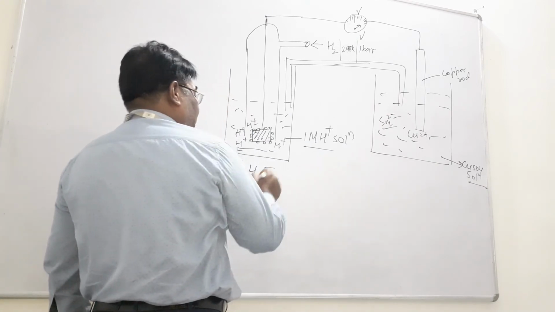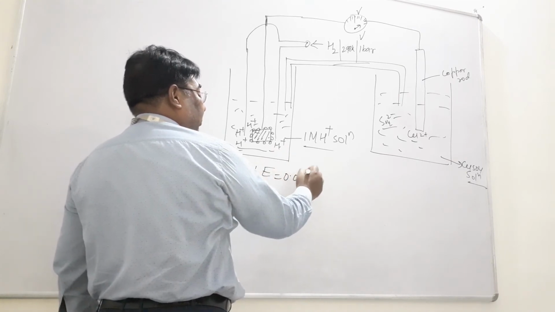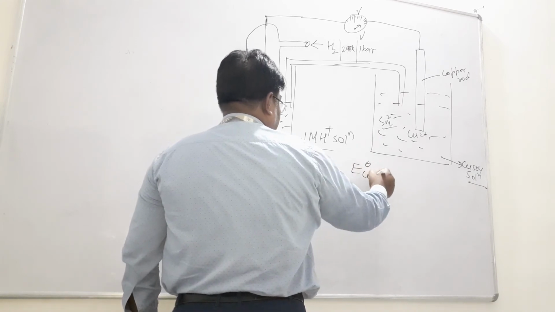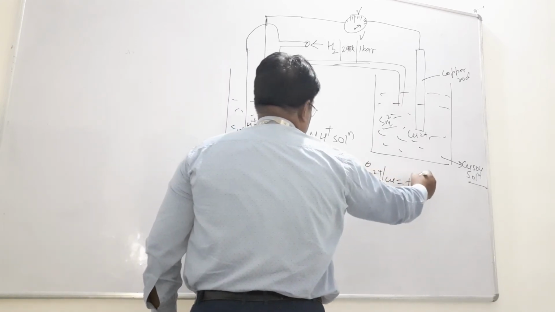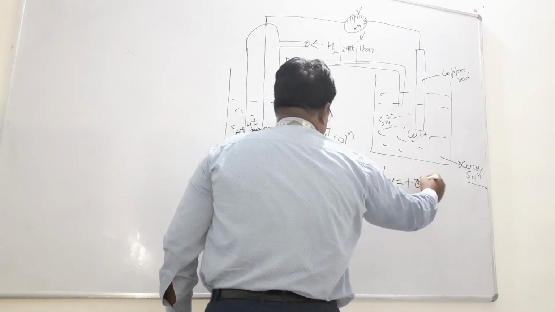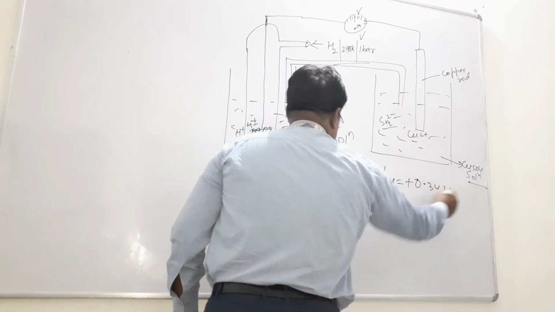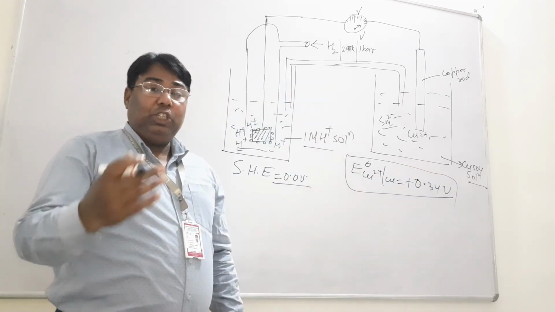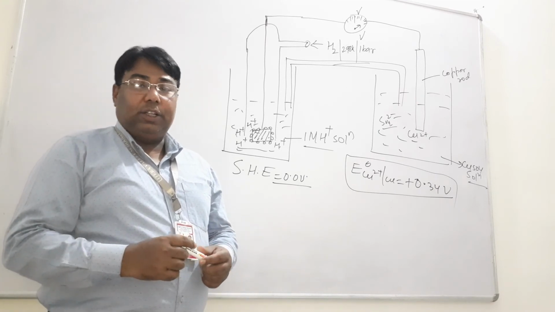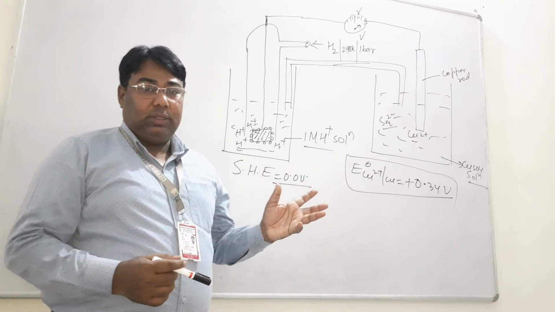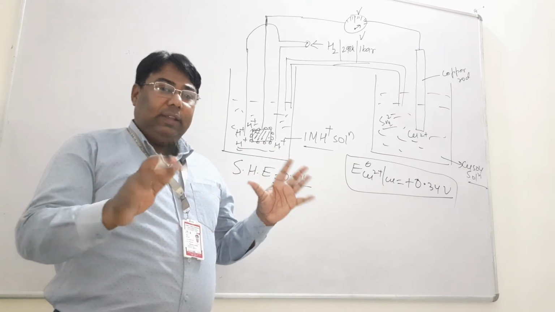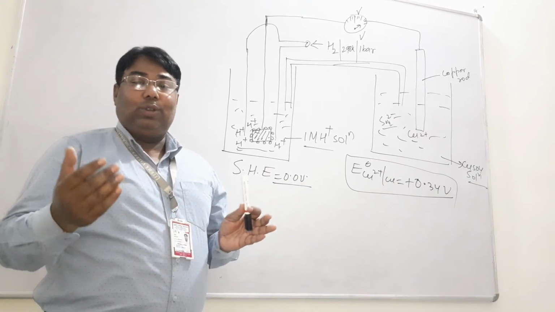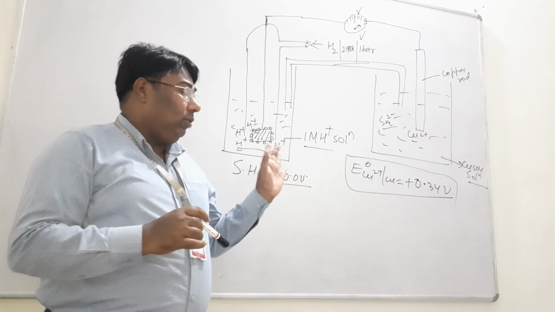In this case, the potential of SHE is 0 volt, and the standard reduction potential of copper will be plus 0.34 volt. That is the way by which we can find out the standard reduction potential of any electrode. In the same way, you find out the standard reduction potentials of any electrodes.